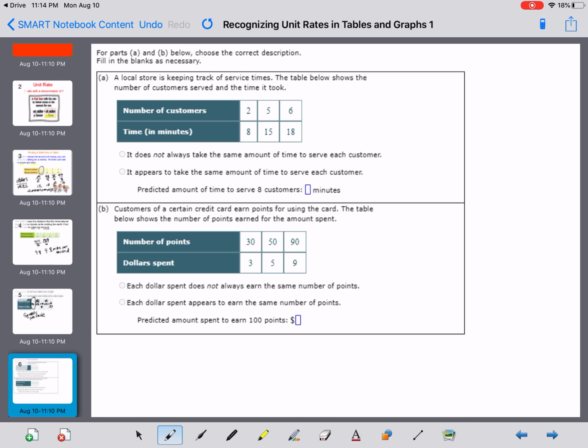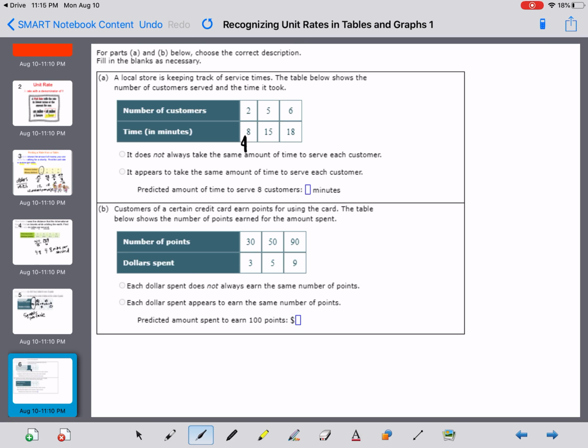Okay, for part A and B, choose the correct description. A local store is keeping track of the service times. The table below shows the number of customers and the time it took. In this first one, it's 8 minutes for 2 customers. That would be 4 minutes per customer.